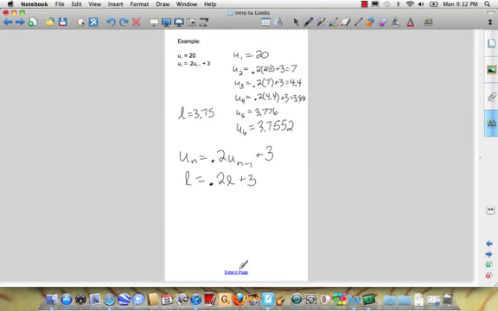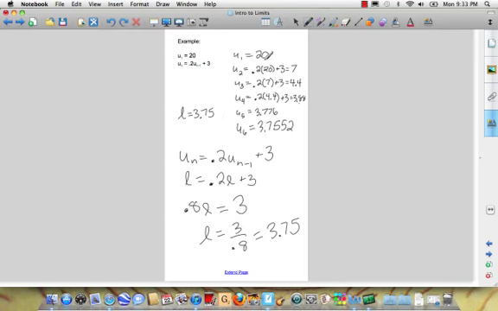Now we just solve this equation. If I subtract 0.2L from each side, I'm going to get 0.8L equals 3. And so for L, I would have to divide 3 by 0.8. You can check that on your calculators. Comes out to be 3.75. Okay, that shows algebraically that the sequence defined up here has a limit of 3.75.